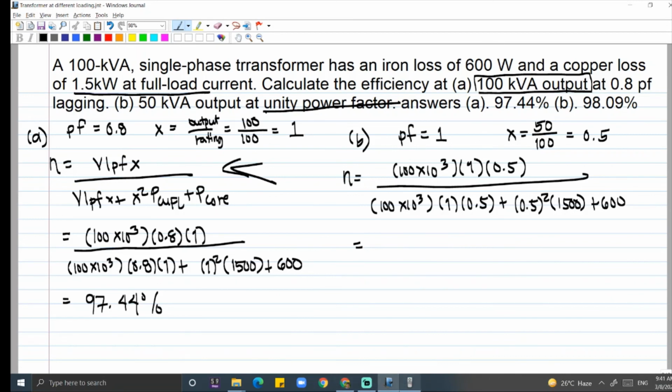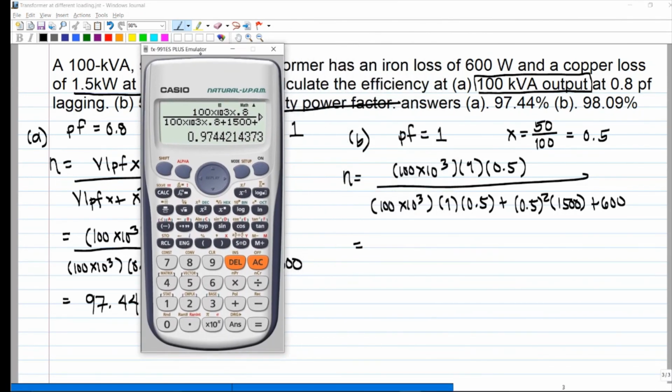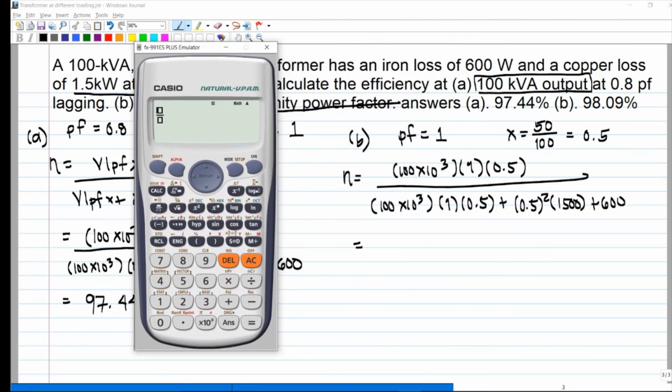This will be our efficiency at half load unity power factor. 100 times 10 raised to 3 times 0.5 over 100 times 0.5 plus 0.5 square times 1,500 plus 600. So 98.09%.